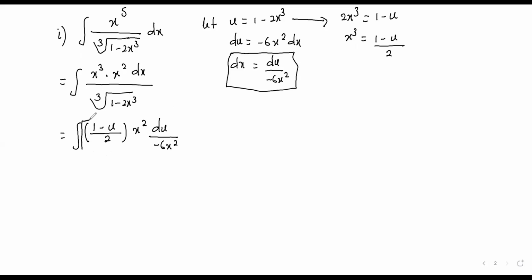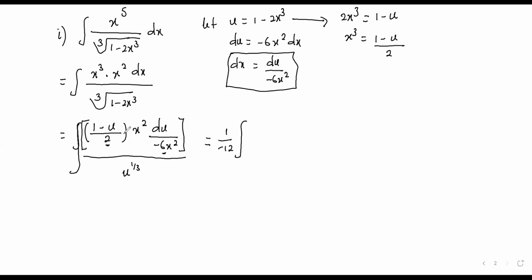This whole thing we're dividing by the cube root of what we have called u, so u^(1/3). So this is the integral for everything. We can multiply this 2 and this 6 to give us 1 over negative 12 outside.